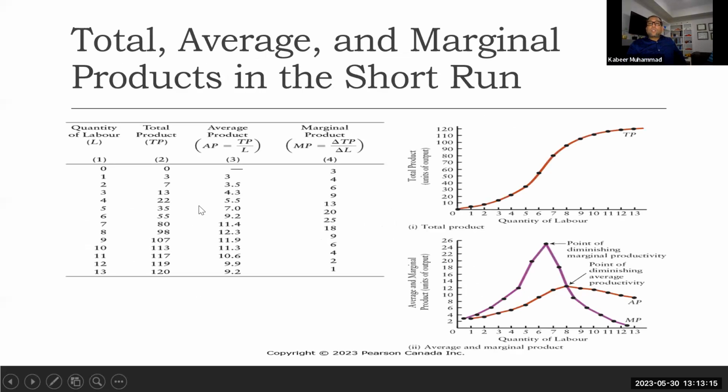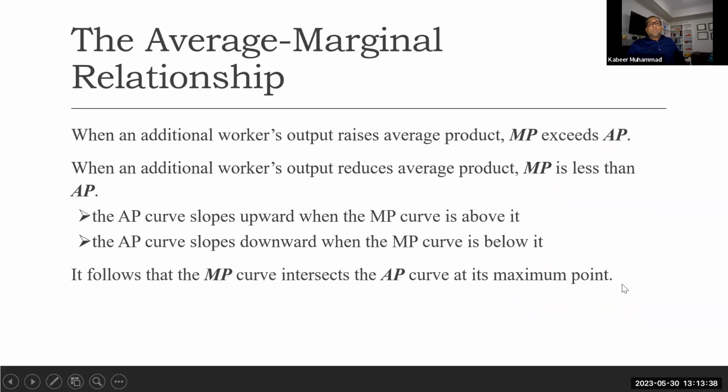So if you look at this graph again, up till this point, the marginal product is higher than average product, so average product is increasing. But after this point, when the average product is at its maximum, the marginal product is below the average product, so average product also starts decreasing.